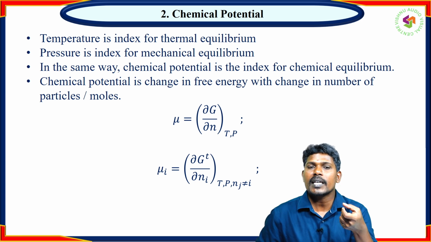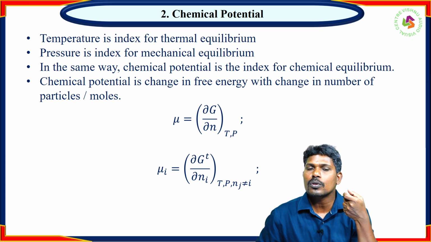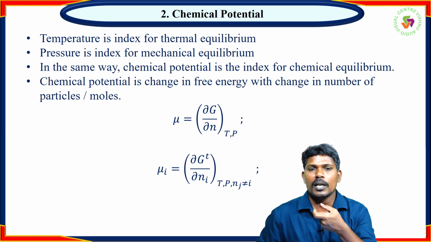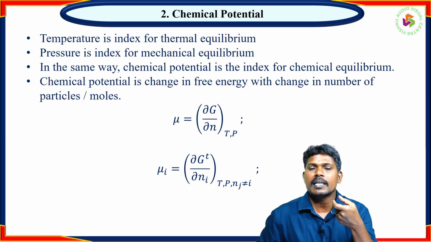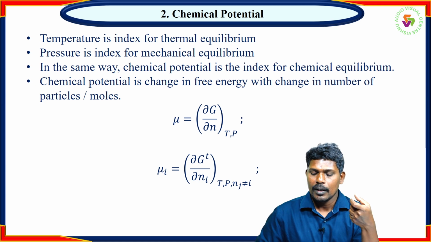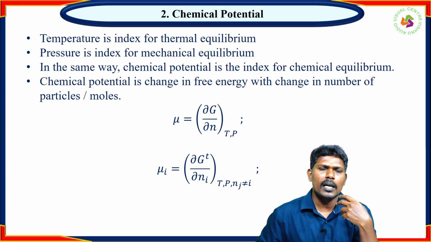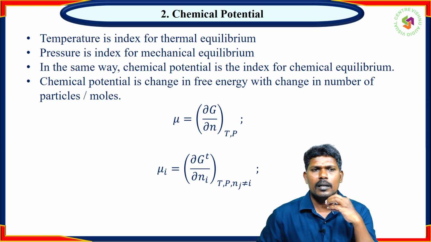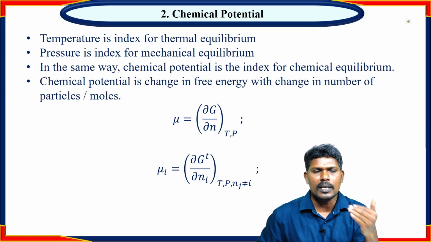If the chemical potential is the same for both reactants and products, then we say that the chemical reaction has reached chemical equilibrium. Okay.